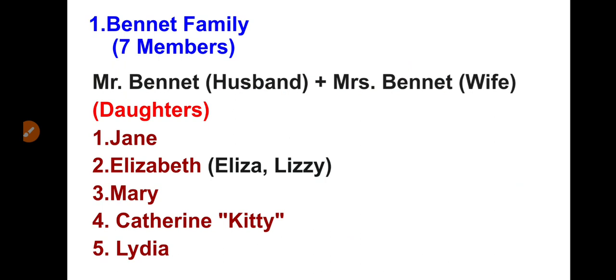Here she meets Mr. Wickham, and Mr. Wickham is an army officer, and Mr. Wickham tells Elizabeth about Darcy, that Darcy's father wanted to give my father a part of the property, and Darcy's father was very much interested to support us, but Darcy denies, and this way he does backbiting. He speaks against Mr. Darcy to Elizabeth.